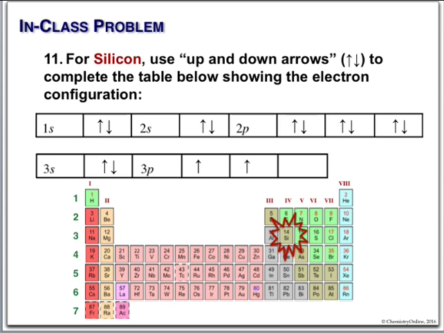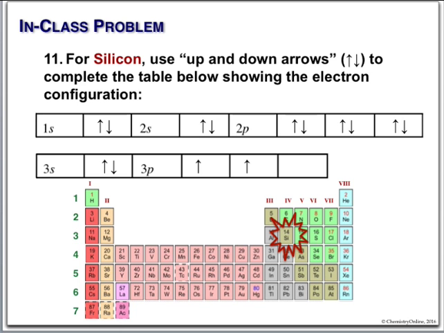Now the key things to remember here: because we're in our 3rd period, that means that 1 and 2 must be totally full. Remember that, that's simple. We're in our 3rd period, so we're over here in the P's, so the S's have to be full. That's 2 more.